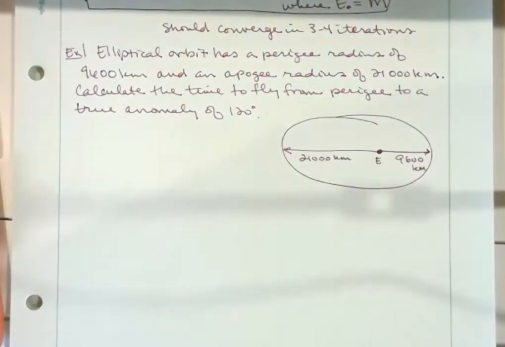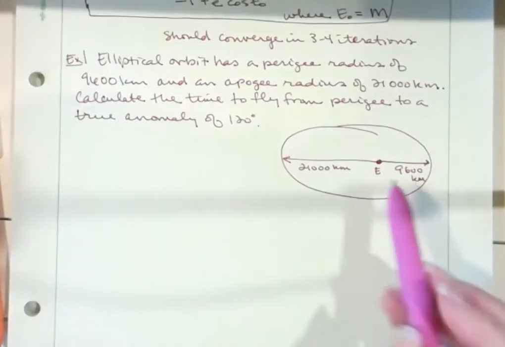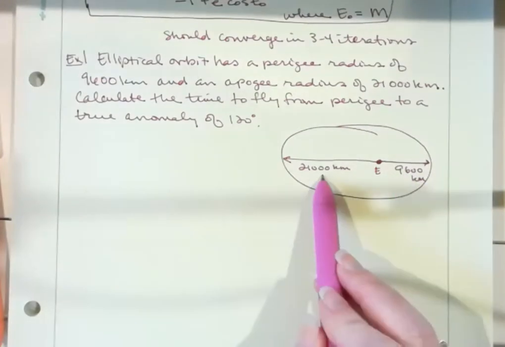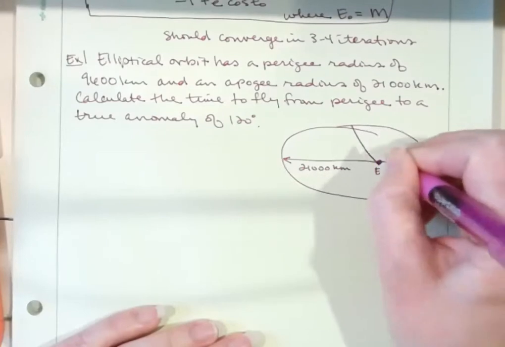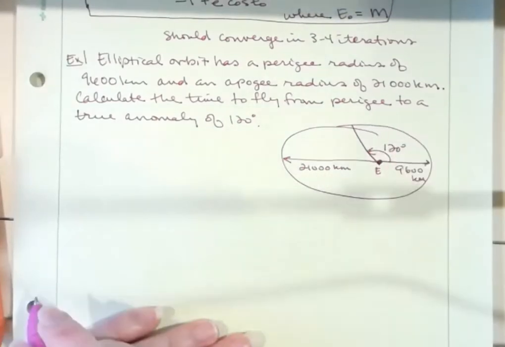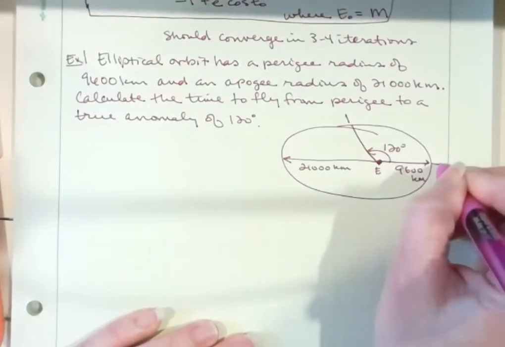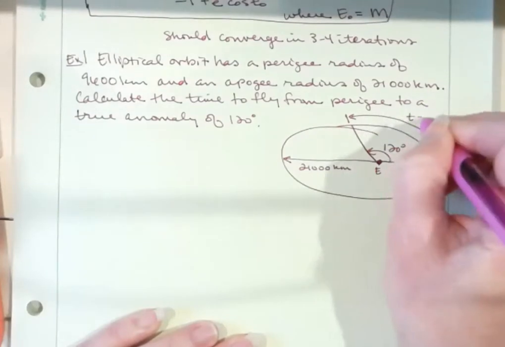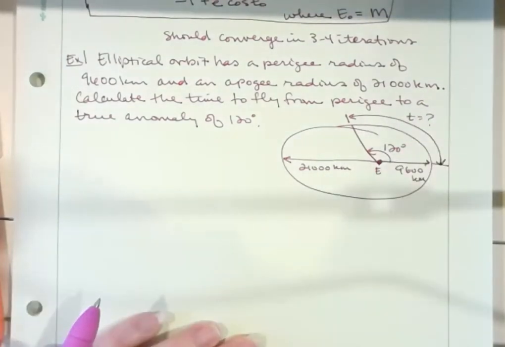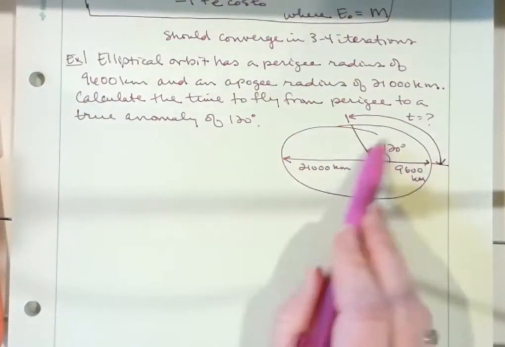So now we have perigee radius, and then we have our apogee radius, and our true anomaly is 120. So there's that angle right there. What we want to do is find the time it takes to go from here at perigee all the way over to this point right here. So that's the time we are looking for. Basically the time it takes to sweep out this area in here.